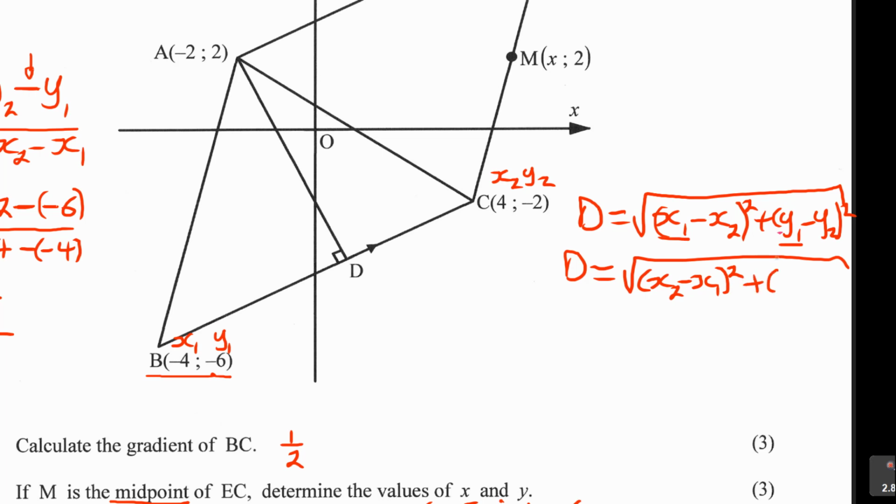You cannot start with y1 now. You must maintain and say y2 minus y1 squared. You see the difference? You just have to choose. Both of them will still give you the same answer. Let me choose the first one.